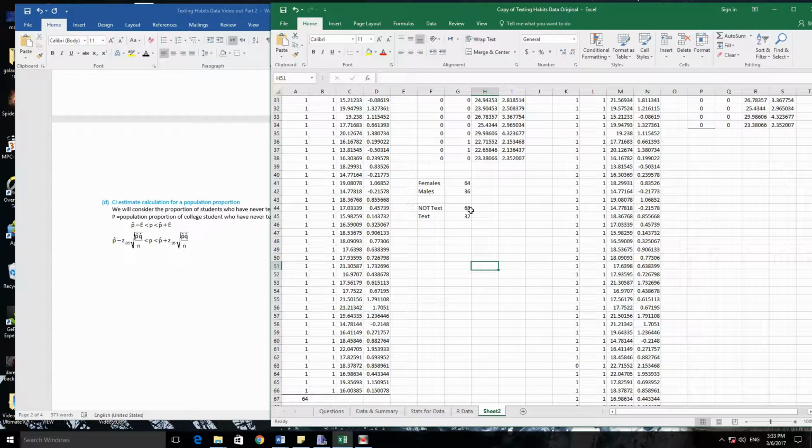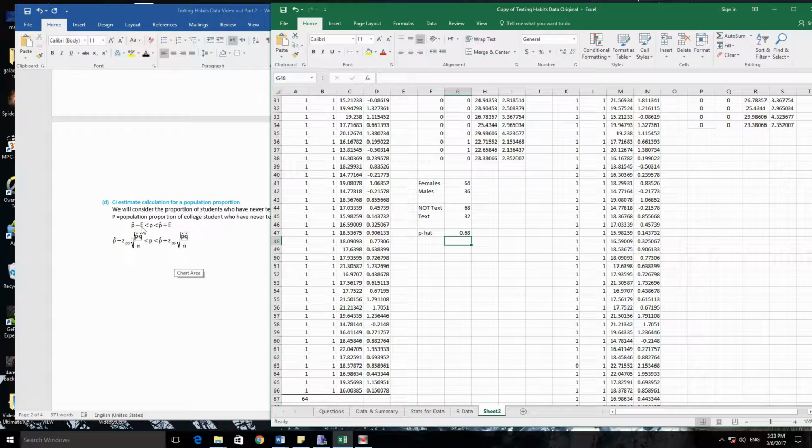So the proportion of students that have never texted while driving, our p hat estimate, is going to be equal to x over n. Our x is 68, and we divide that by n, which is 100. It's 0.68. That was obvious. So now I know what p hat is.